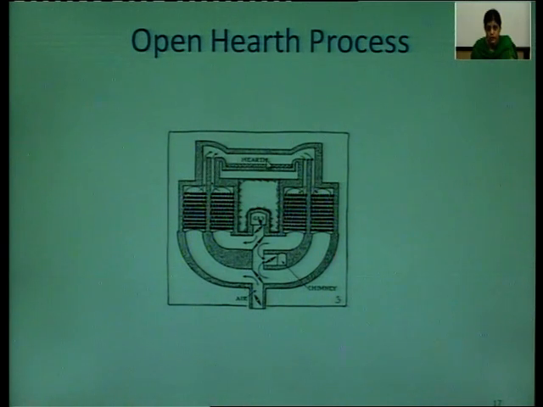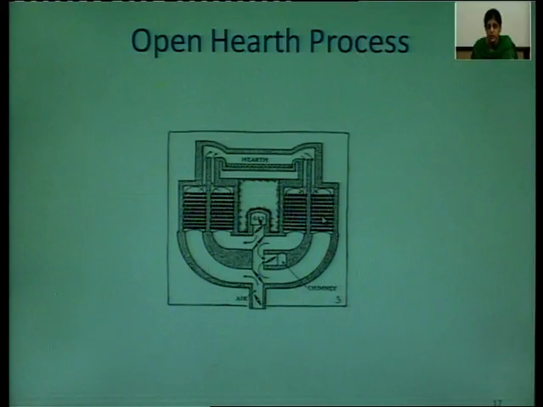This is the hearth. The hearth is the place on which the charge is placed. What is charge? Charge is the substances from which we are extracting steel, and from here the hot gases make their exit.